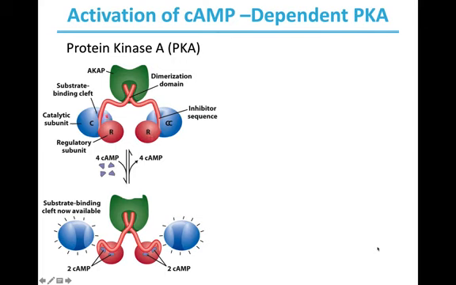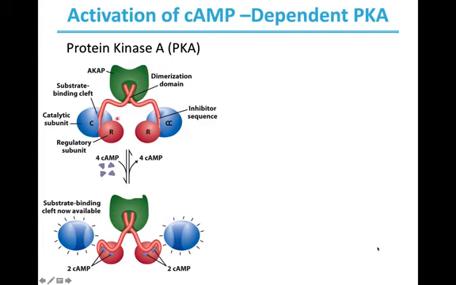And as a result, the inhibitory sequence is moved away from the catalytic subunit. And this results in the catalytic subunit that is now available for substrate binding, as shown here. This is how cyclic adenosine monophosphate activates protein kinase A.